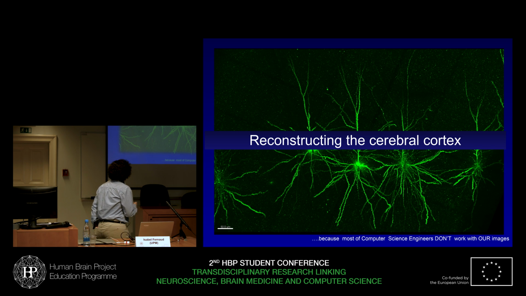So what's next? The next step is reconstructing the cerebral cortex. Why reconstructing? Because in my experience, most computer science engineers don't work with this kind of images.